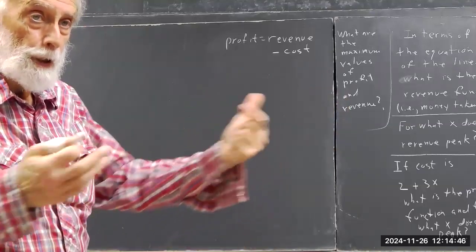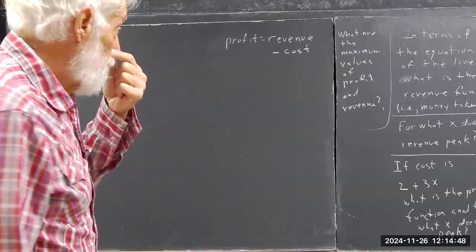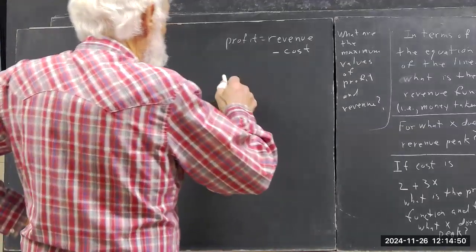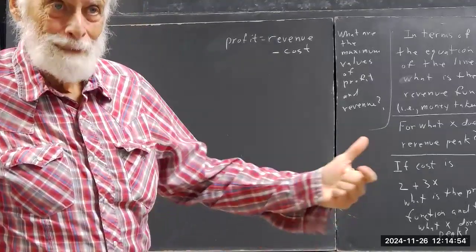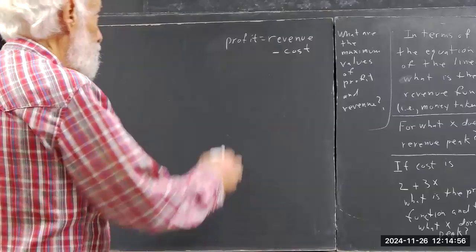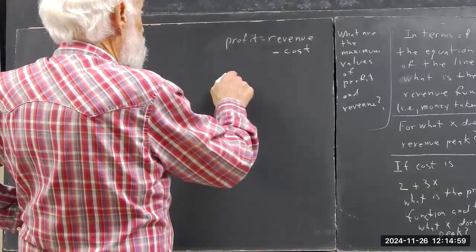Maybe you buy them at wholesale and mark them up, okay? Many ways that can be done, and somebody in business probably knows a bunch of ways that I would. Okay. Anyhow, profit is revenue minus cost.